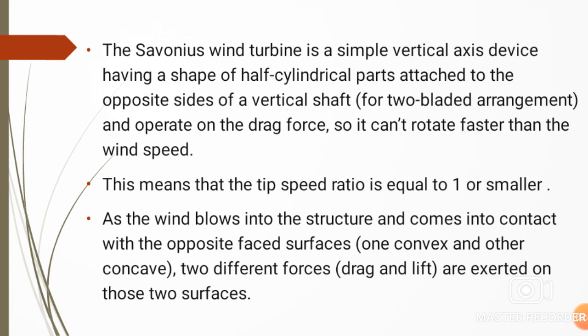This is known as the vertical shaft, and the opposite sides of the vertical shaft are bonded with these two half cylindrical parts, attached to this fixed axis of rotation in such a way that there is a formation of S shape. So the name given to this type is also S type vertical axis wind mill or wind machine.